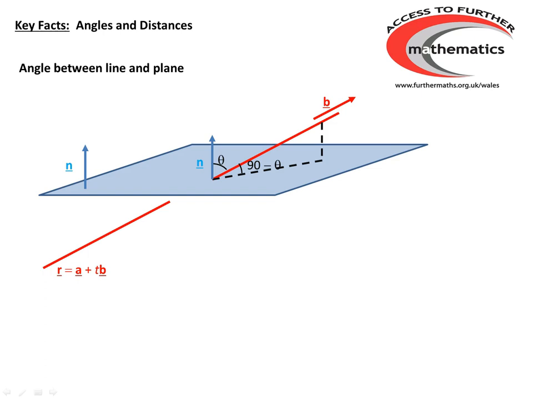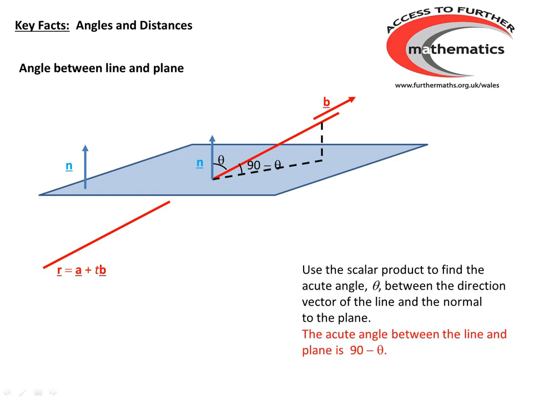Then the angle between the line and the plane is simply 90 minus theta. So the strategy is to use the scalar product to find the acute angle between the direction vector of the line and the normal to the plane, and then the acute angle between the line and the plane is 90 minus theta.